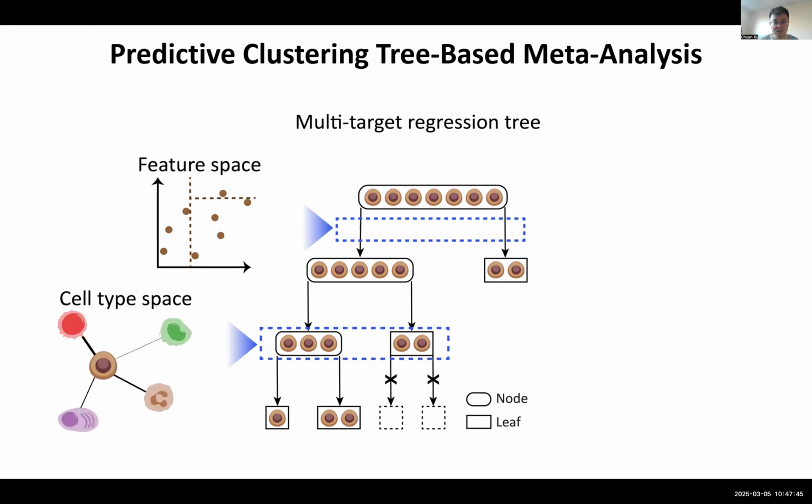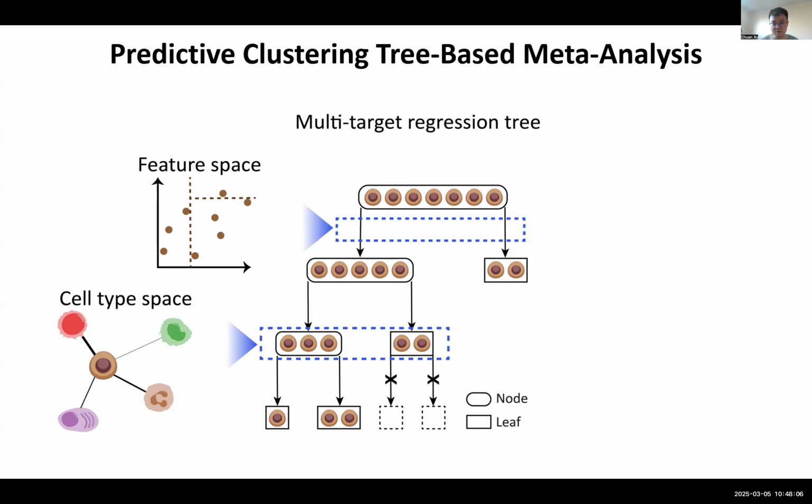And more importantly, for each node or leaf, the similarity of cell types is not measured by the expression profiles, but by their similarities with all cell types within the same batch, creating a multi-target regression scenario.